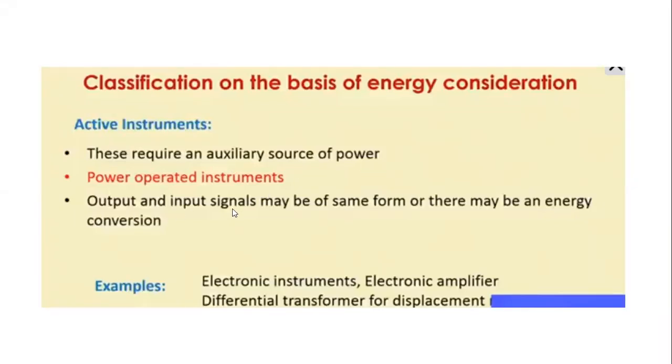So output and input signals may be of the same form. There may be an energy conversion. For example, we are using an electronic amplifier, differential transformer for displacement. These types of instruments are active instruments. Okay, active amplifier നമ്മളൊരു ഇൻപുട്ട് കൊടുത്തിട്ടല്ലേ നമുക്ക് ഔട്ട്പുട്ട് കിട്ടുന്നത്. അപ്പോൾ അങ്ങനെയുള്ള ഇൻസ്ട്രുമെന്റ്സിനെ ആക്റ്റീവ് ഇൻസ്ട്രുമെന്റ്സ് എന്ന് പറയും.